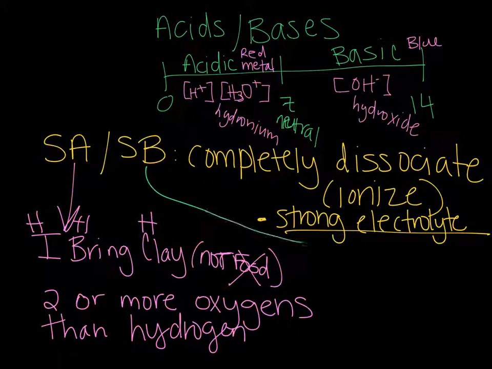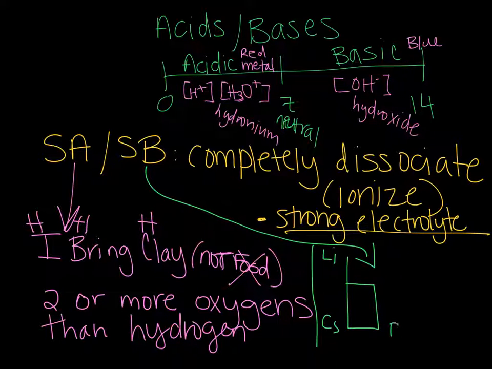Your strong bases, what did we make on the periodic table? A B. Good. So it starts at lithium, goes down to cesium, over to barium, and up to calcium. Anytime those are attached to an OH, that is a strong base, and that's it. So if it is not found on either of these 2 lists, then it is not strong.